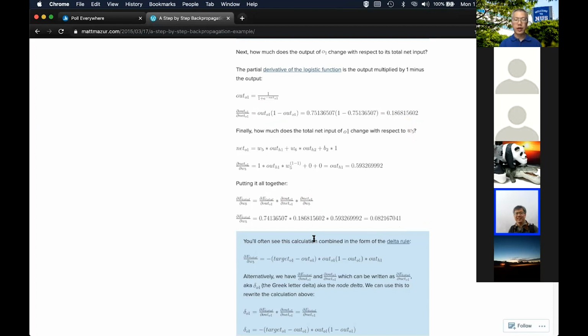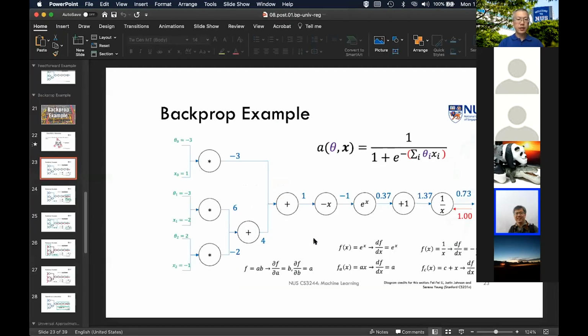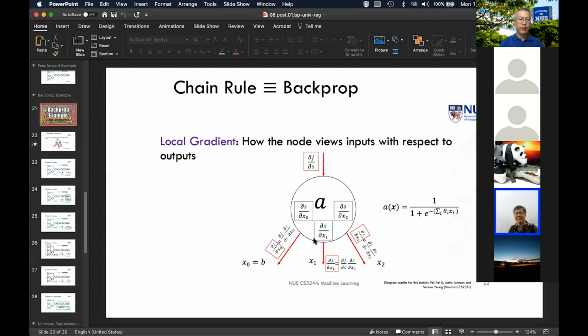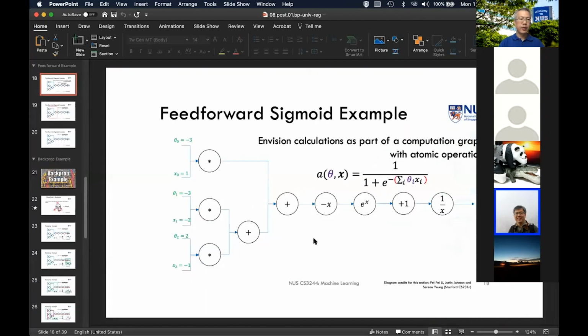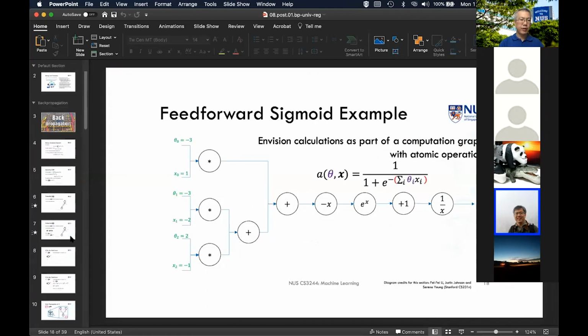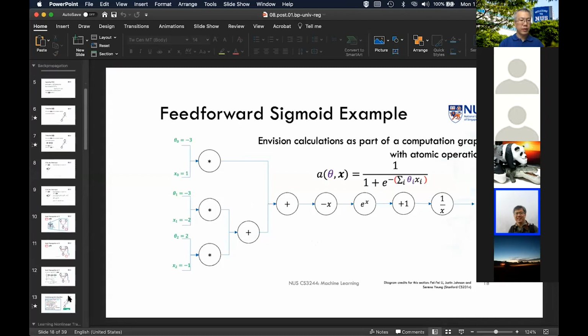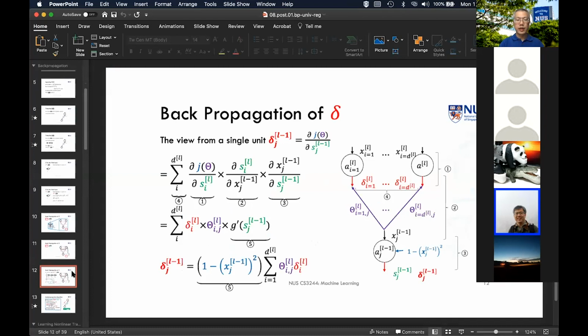So in the slides earlier, I think in the backprop part, we said we want to calculate these deltas. The deltas allow us to compute all of the weight changes in one backward pass.